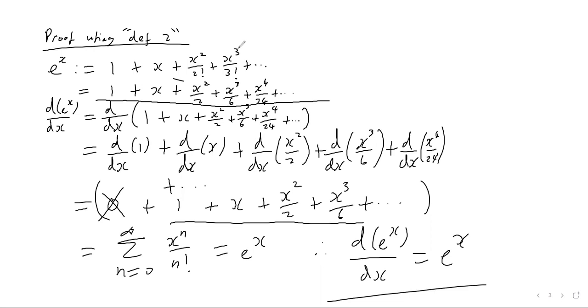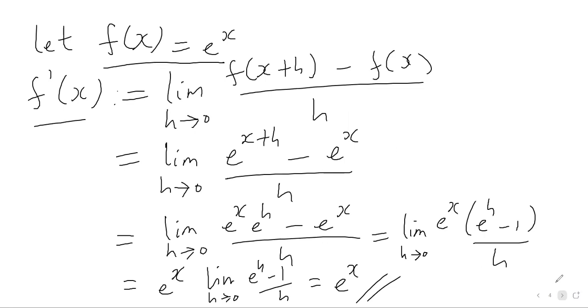Using the second definition, which was a series expansion, when we differentiate each term and add them up, again we get exactly the same as the expansion we started with up there. So this shows us that the derivative of e to the x is e to the x.